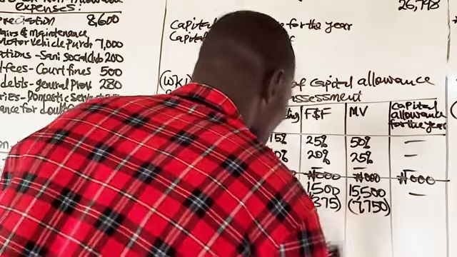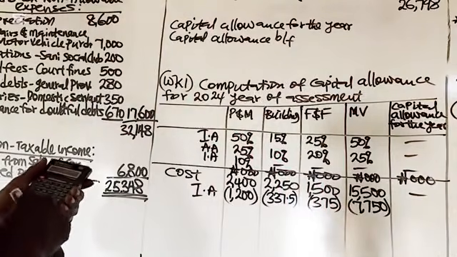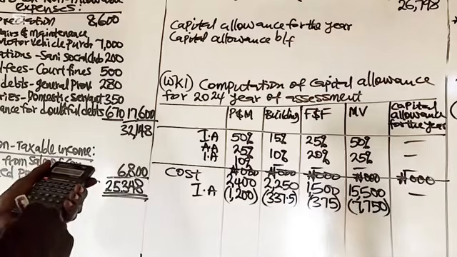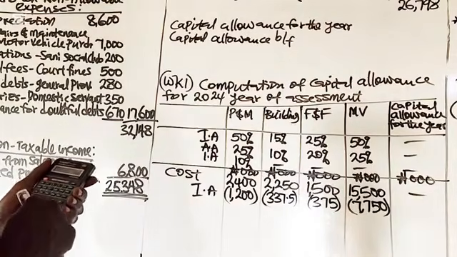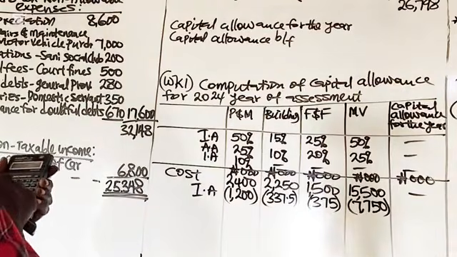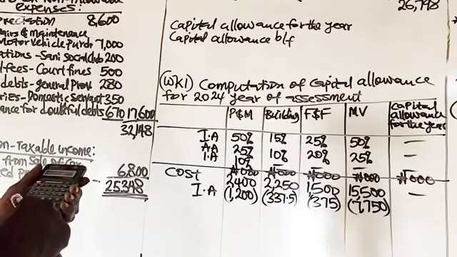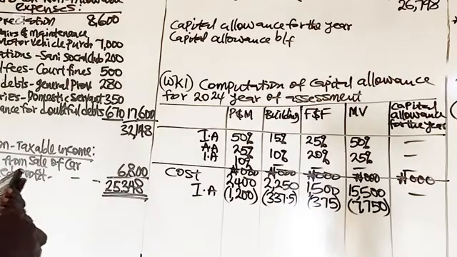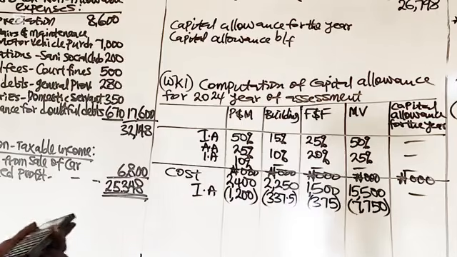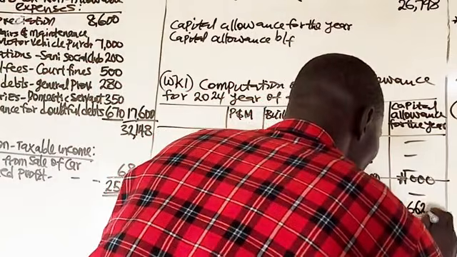If you sum up our initial allowances, 7,750 plus 375 plus 337.5 plus 1,200, the initial allowance total is 9,662.5.